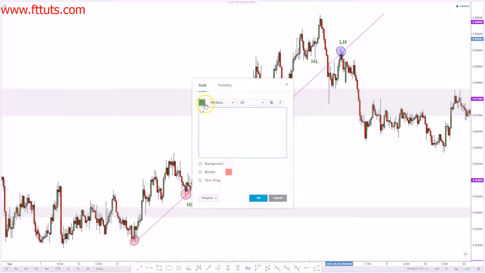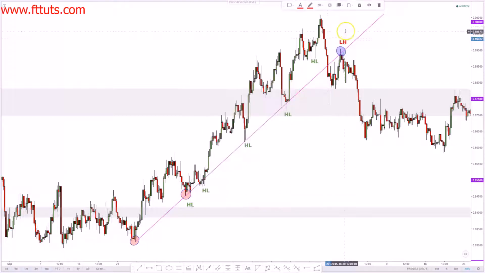Lower high. Change it to red. Boom. Lower high. Get a lower high right here. Lower highs, lower highs, lower highs, and then finally breaks it.